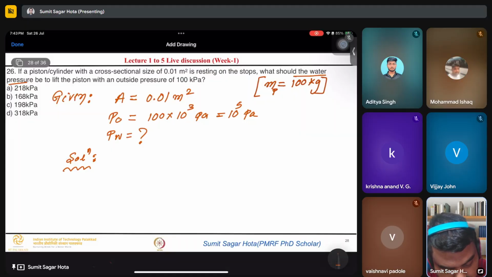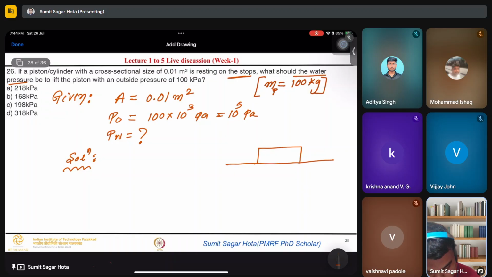So you know very well there is a piston cylinder with a cross section, resting on the stop. This is your PW, the water pressure.